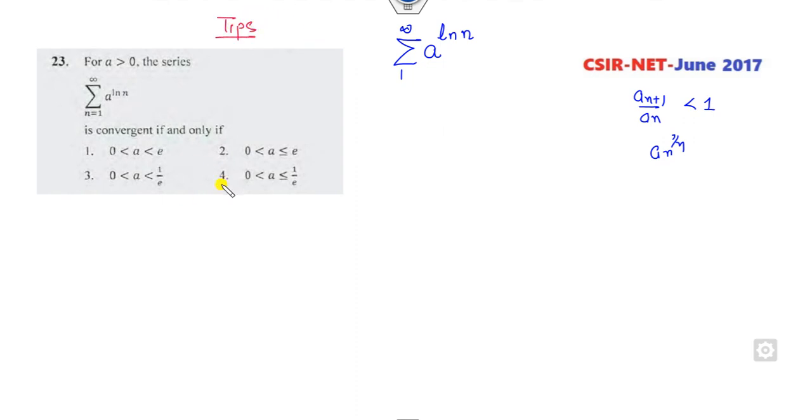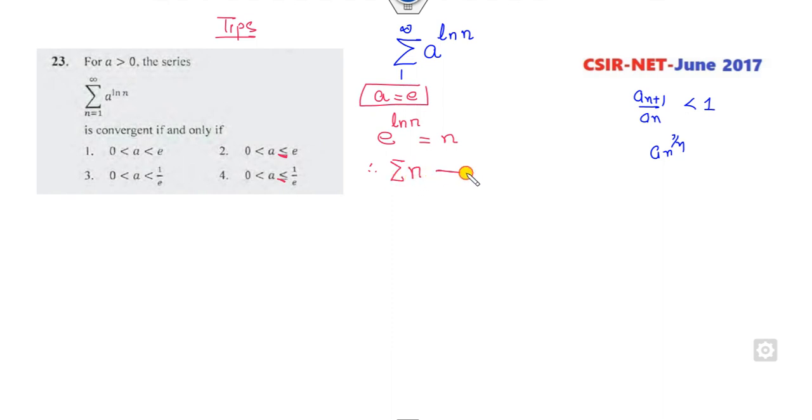Whenever options are given to you, you check the options. Here you can see an equality is given. So firstly we will check a equal to e, because equality is given. This is e raised to power ln of n. What is that? This is n. So what is my series?